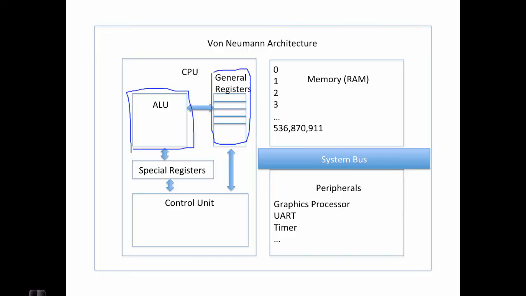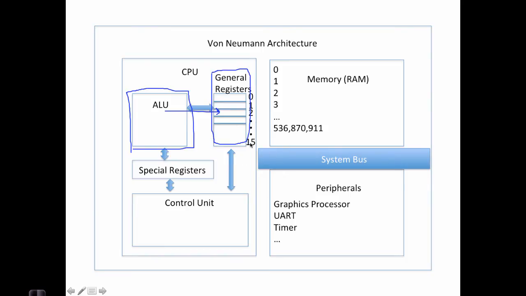These general registers are like very fast memory inside the processor itself. The ARM processor is what we call a load and store machine, which means that the ALU only operates on the registers themselves. Any data that needs to be stored out to memory, the control unit moves between memory and the registers. The ARM processor has 16 registers.